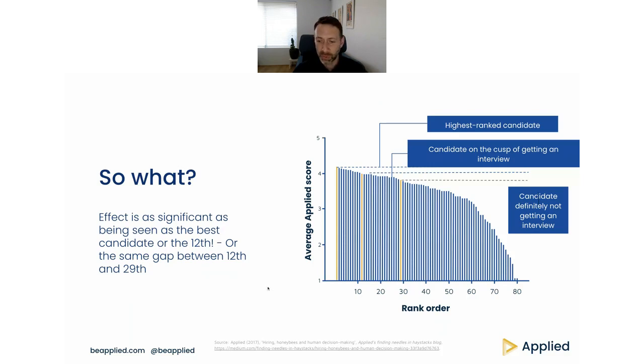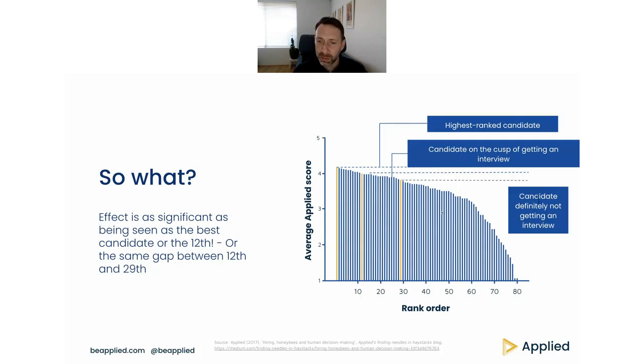What this graph shows is, imagine 80 people applied for a job, and each score was stack ranked from the best to the lowest score based on their average. And what usually happens in something like this is 10 people, maybe 15 people, if it's a large grad round, for example, will be called for interview.